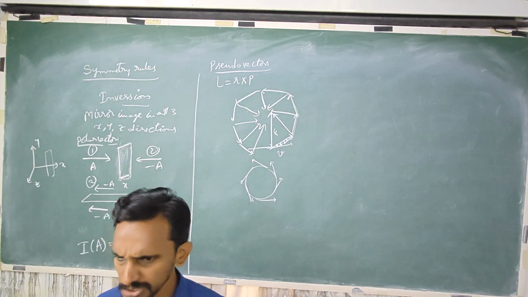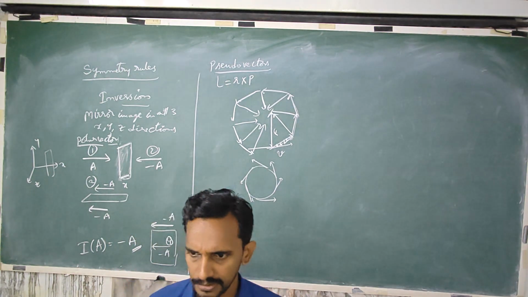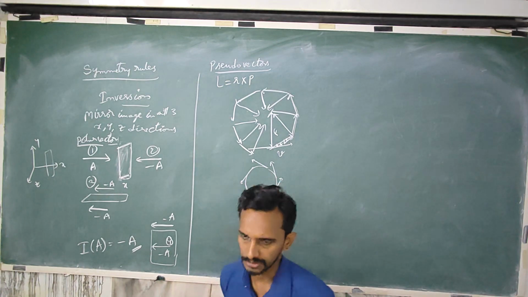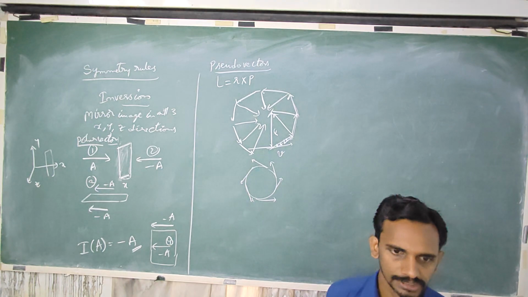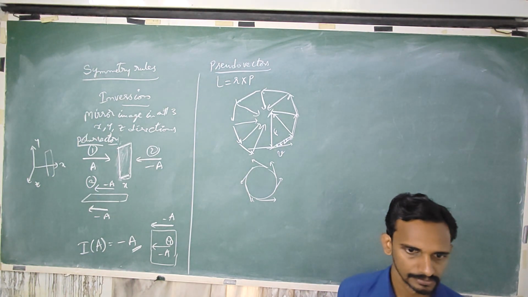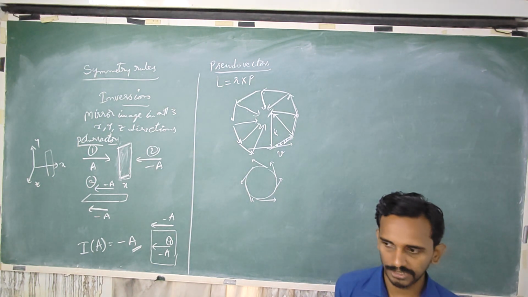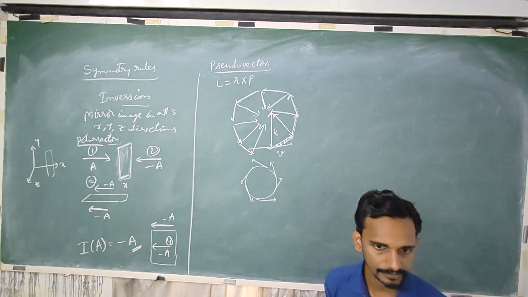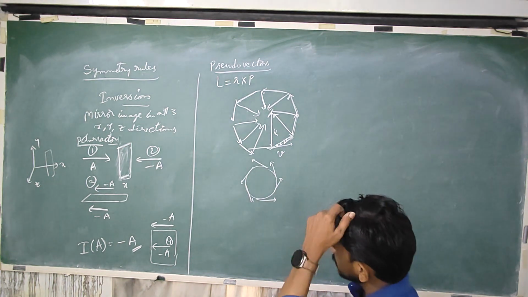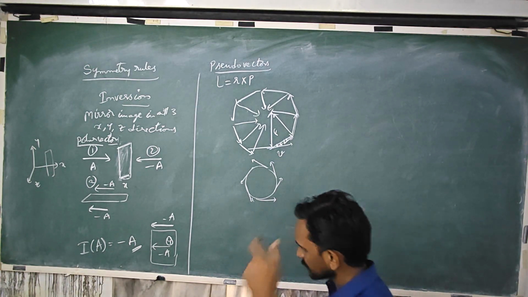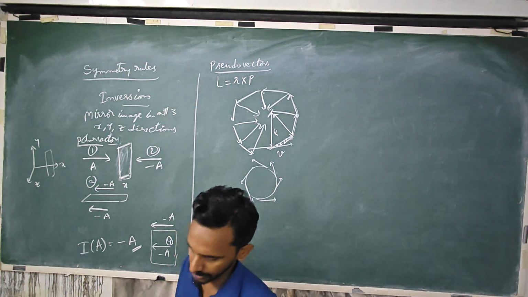Which direction should I take? The entire activity cannot be represented on the plane with a single vector, because the activity itself occupies the entire plane. So in this case, the resultant vector direction is taken by, there are two possible rules.